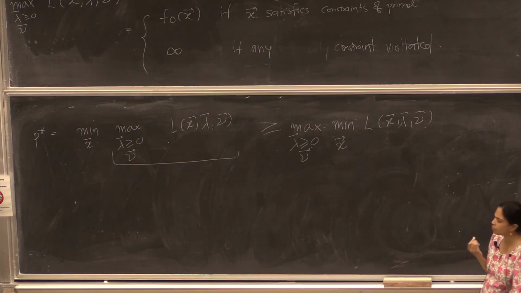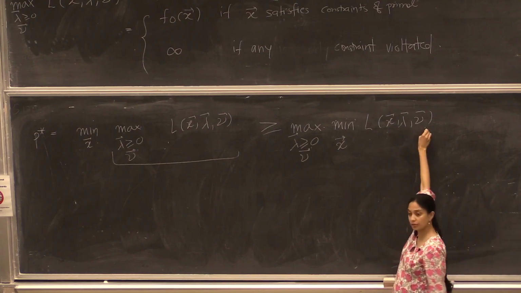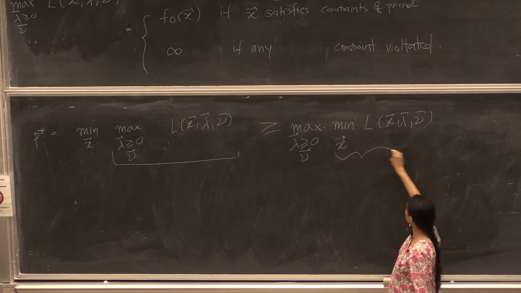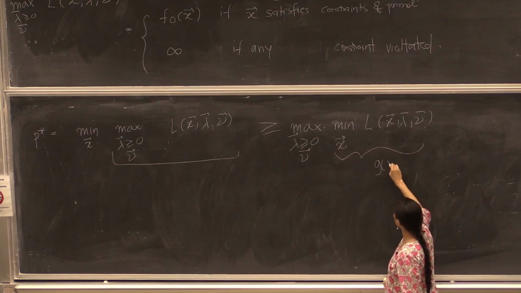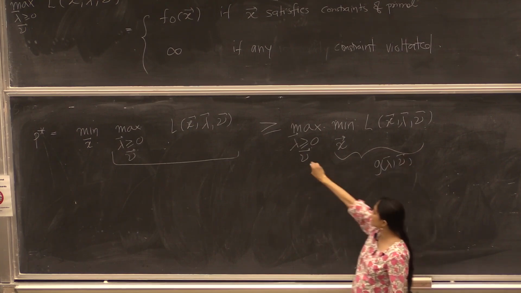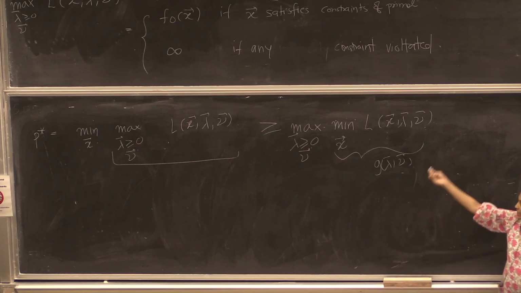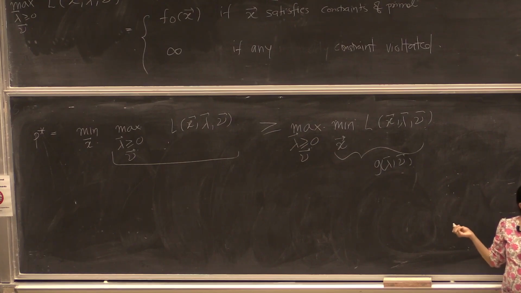How did we define our dual? We said, let's have our Lagrangian, and the minimum of this we defined as g of lambda comma nu. And then we maximize that g over lambda and nu. So what is this thing exactly equal to? It's exactly our dual.